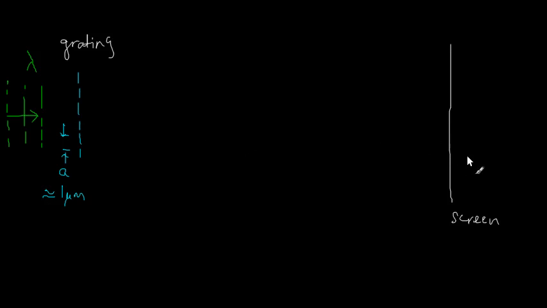Okay, and on the screen we would expect to see fringes. There will be one at the center. There will be one some distance away. Another one further away, and so on.